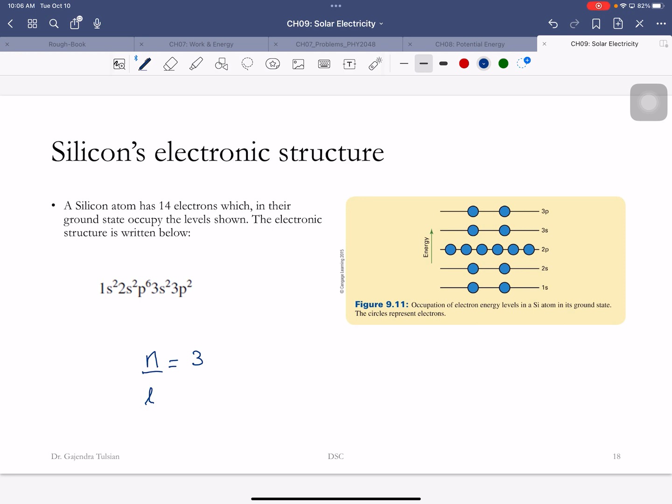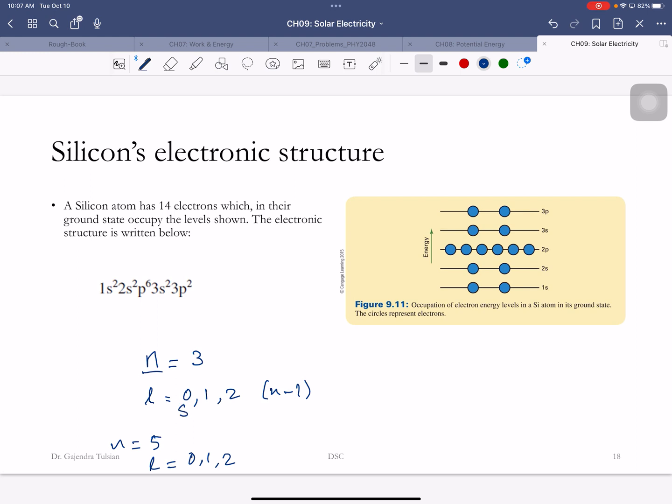I wanted some. All right, so the sublevels: L can take values 0, 1, and 2, up to n minus 1. So if you had n equal to 5, what values can L take? 0 to 4. Okay?